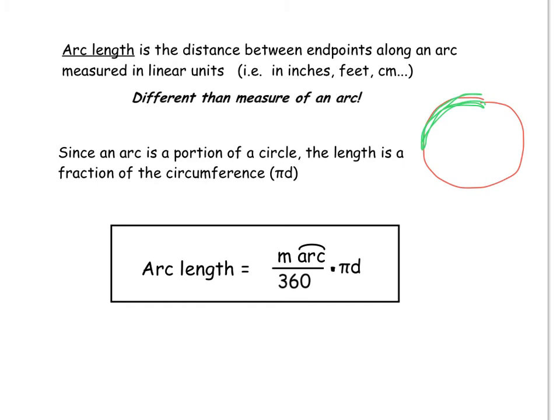Its arc length is the fraction of the total circle compared to the circumference. So we did what we did before when we had sectors. We're going to take the measure of the arc divided by 360 and multiply that by the circumference, pi d, and that's going to give us our arc length.